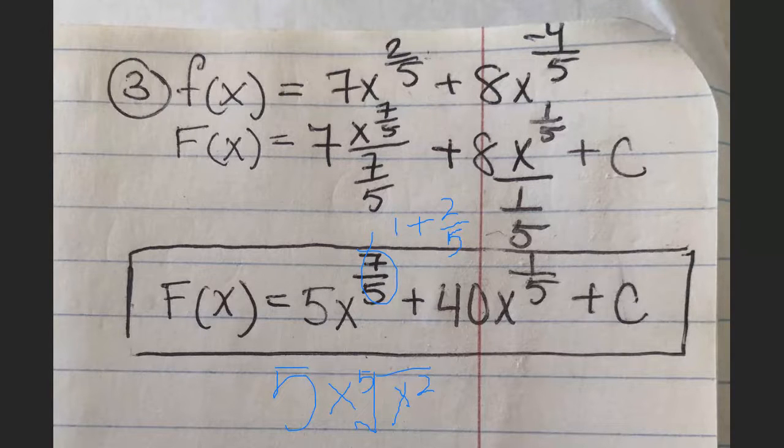Okay. So why don't you do the second term? So it would be 40. Sorry. So would it be 40x, index of 5, to the radical x?